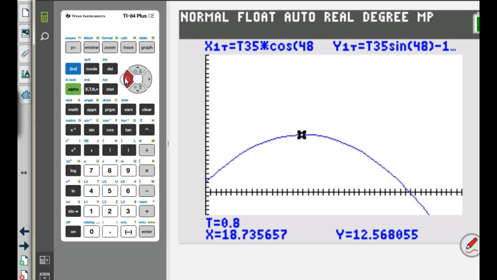How high did it go? Which of those numbers? Y. And over, up, and then it landed around. Now, this is really close to 0, right? That's how low the ground is.